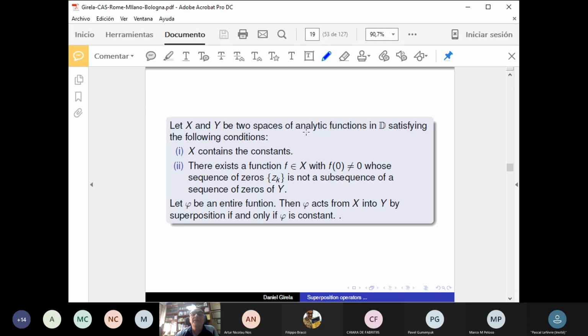Suppose that we have two spaces of analytic functions in the disk, X and Y. We need some condition that there is some function in X, which is not identically 0, whose sequence of zeros essentially is not the sequence of zeros of a function in Y. Then if we have an entire function phi which acts by superposition from X into Y, then phi has to be constant. And then we can use this in a number of cases, but I'm not going to get more into this. I have more or less explained this idea.